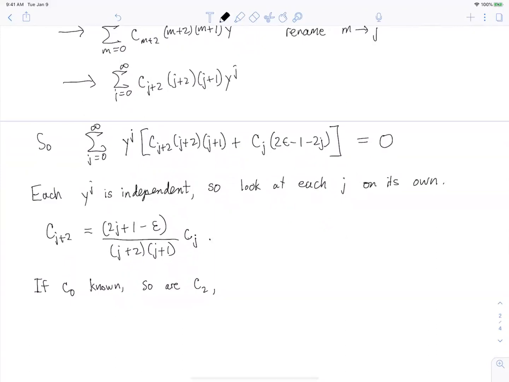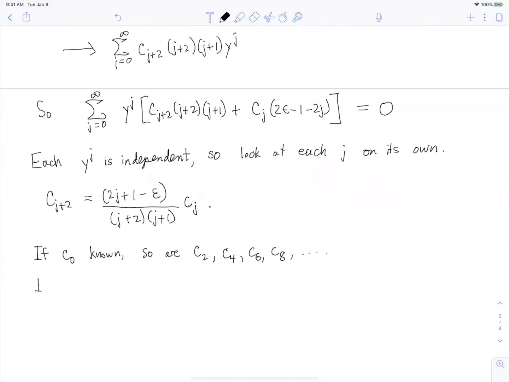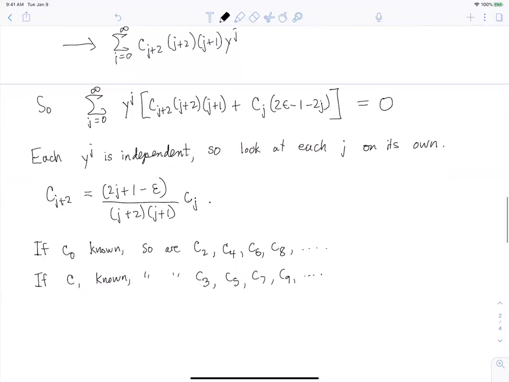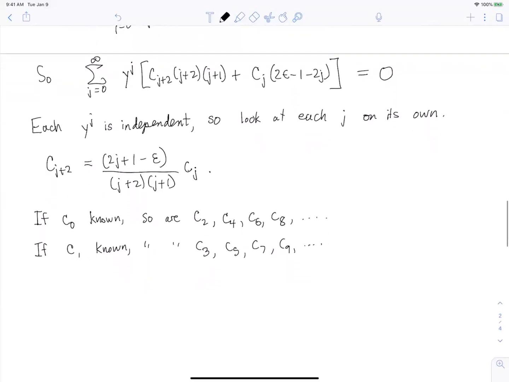Once you know C2, you know C4, and once you know C4, you know C6 and C8, and you know them all. And if C1 is known, then so are C3 and all the odd ones, C7 and C9, etc. So all coefficients are known in terms of just two coefficients, C0 and C1. If we know them, we know everything.